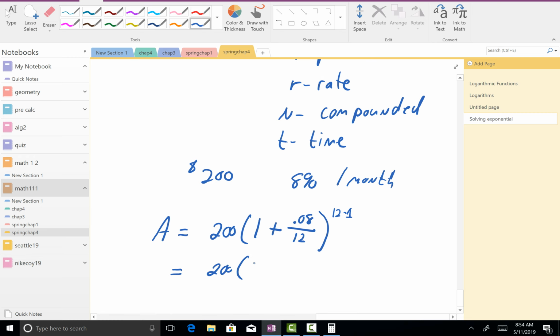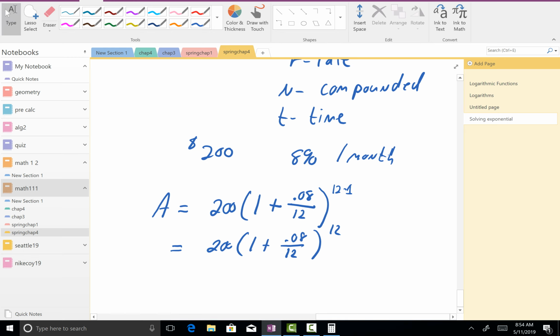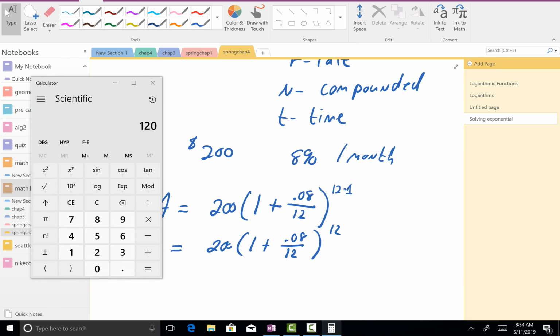So this is what we've got, because it's just over the course of a year. Then you just type that in, most likely in decimals, and it's going to spit out a number. I'll try it in my calculator because I obviously can't pull decimals up here. So let me see how this works out.